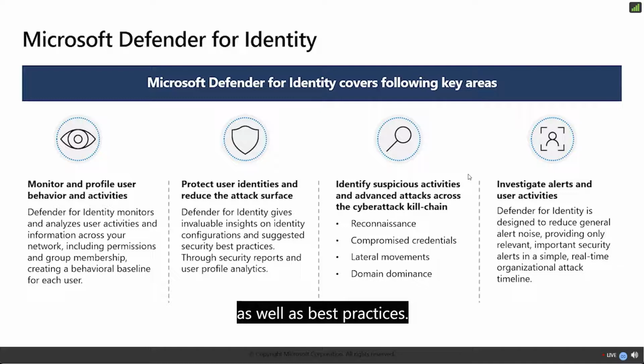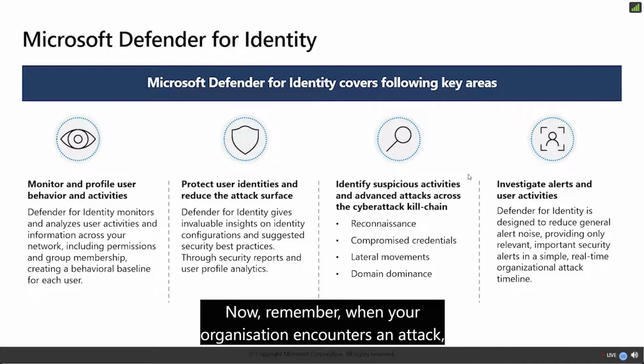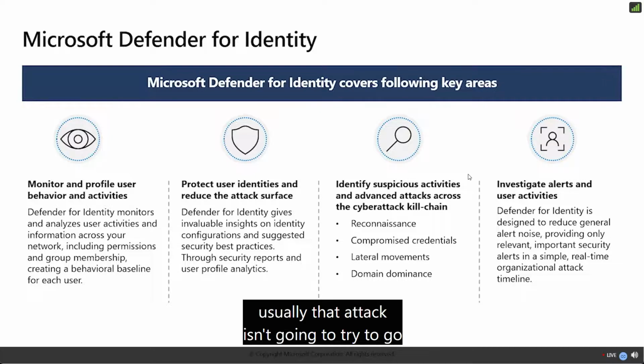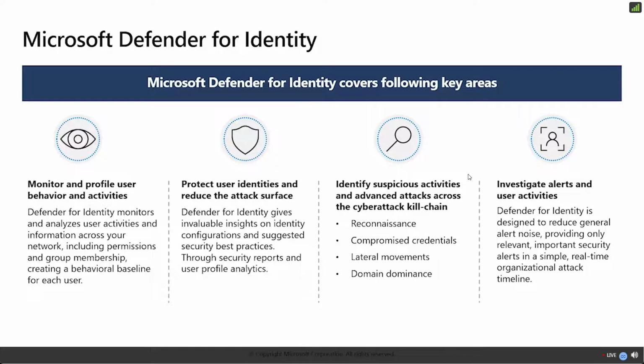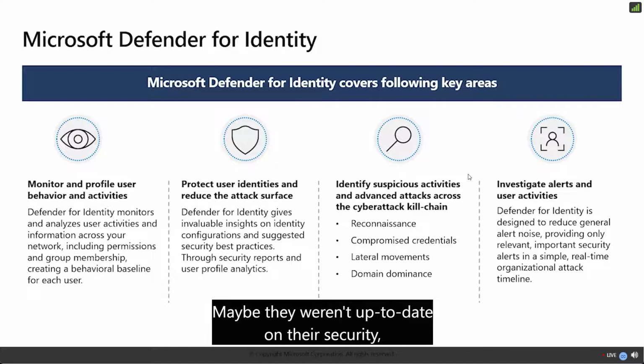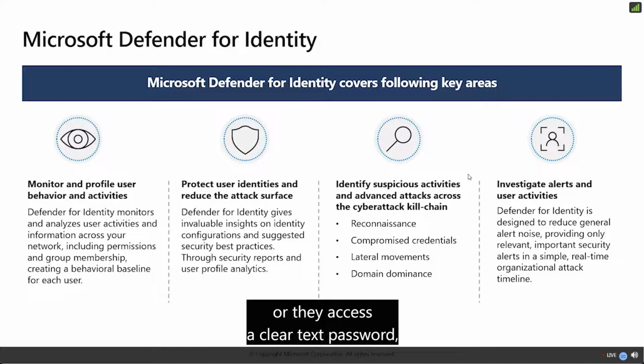Now remember, when your organization encounters an attack, usually that attack isn't going to try to go for the highest level of access first. Instead, what they're going to try to do is find a low-privileged user and attack them. Maybe they weren't up to date on their security, or they access a clear text password. But once they're in, things move quickly.